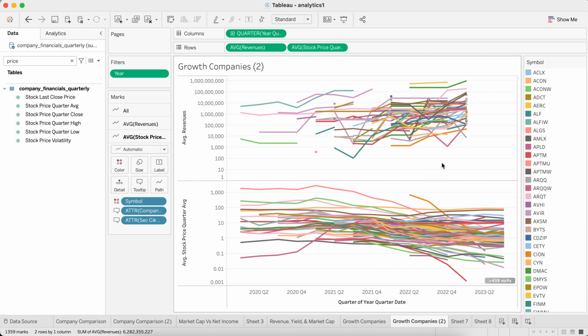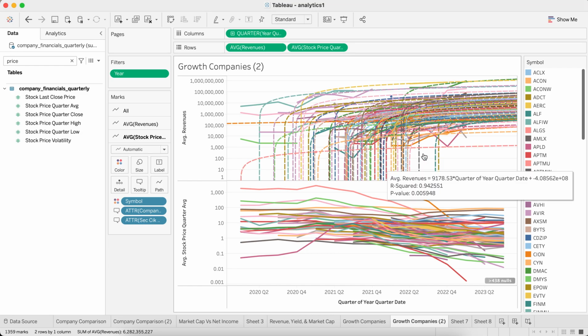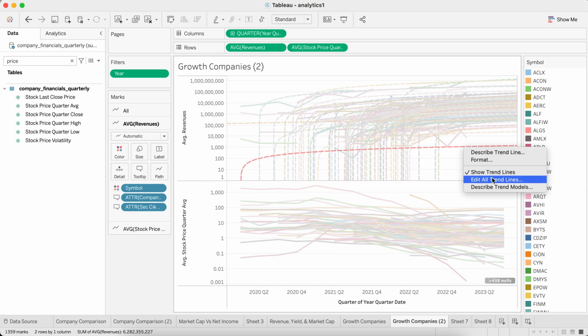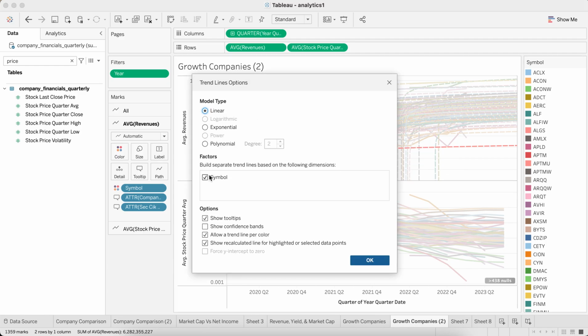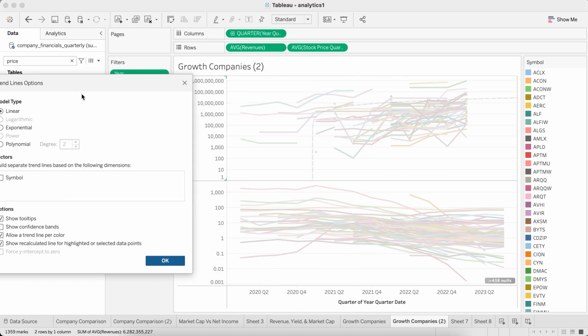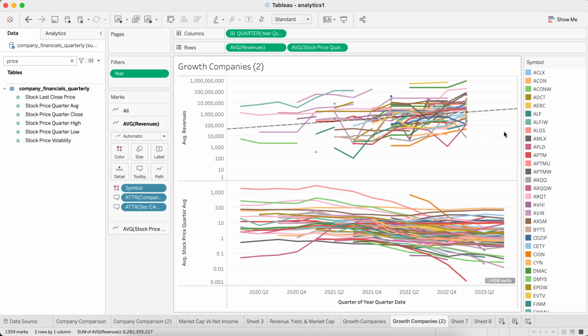So even though we have a growth relationship here, let's actually edit the trend lines, remove that, and let's guess we're probably going to be looking at an exponential growth rate.